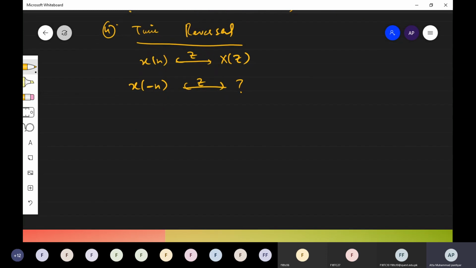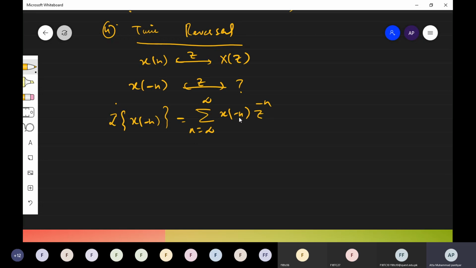Let us see. By definition, the z transform of x of minus n is the summation over n from minus infinity to infinity of x of minus n z power minus n.